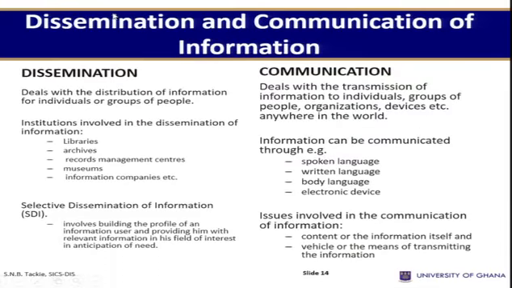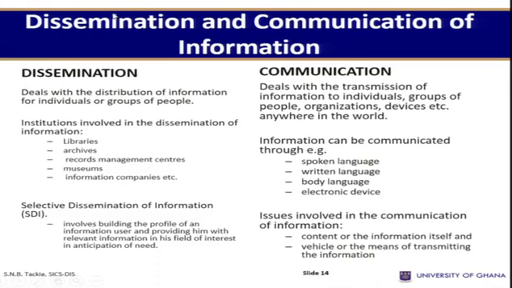And then we come to dissemination and communication of information. Dissemination deals with the distribution of information to individuals or groups of people. And institutions that are involved in the dissemination of information include libraries, archives, records management centers, museums, information companies.